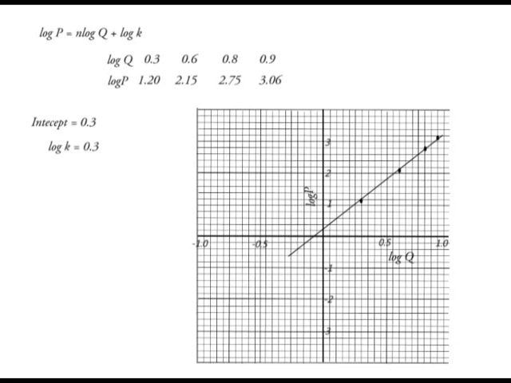We find the antilog, and k is equal to 2. N is the gradient, and if we take these 2 points, gradient will be 2.7 minus 1.5 over 0.8 minus 0.4, and that gives us 3. And so substituting the values of n and k, the relationship will be p is equal to 2q cubed.